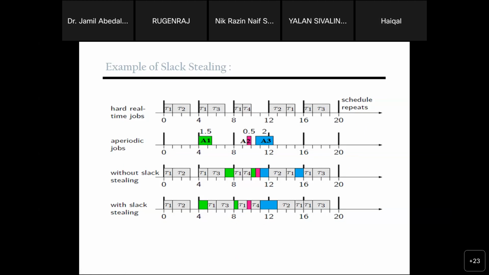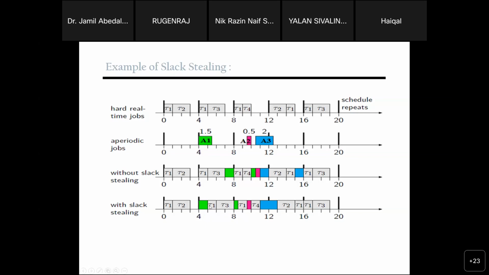Because the frame size is 4. Okay, 0 to 4, 4 to 8, 8 to 12, 12 to 16, and so on. So if we execute here 1.5 from aperiodic 1, as given here, task 1 or task 3 will exceed a deadline.